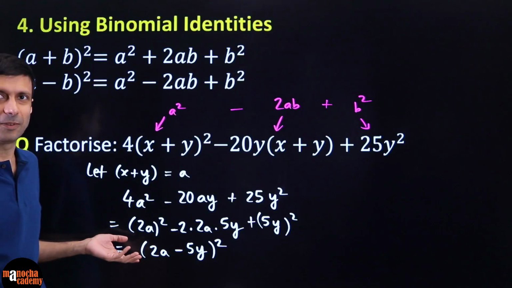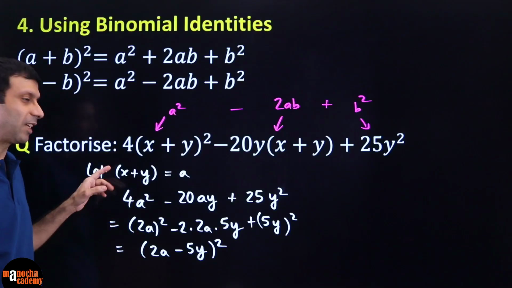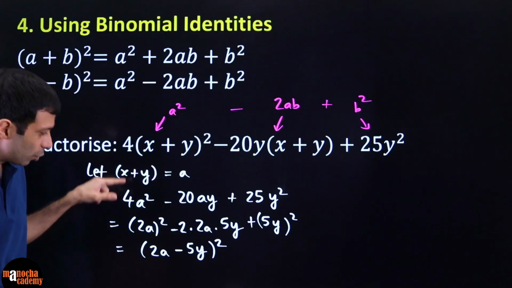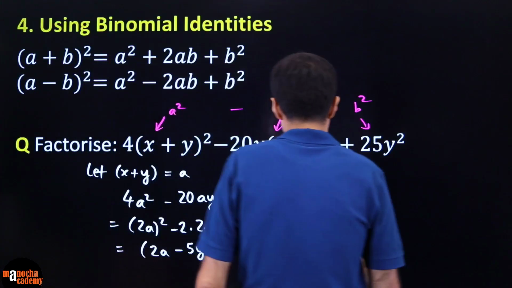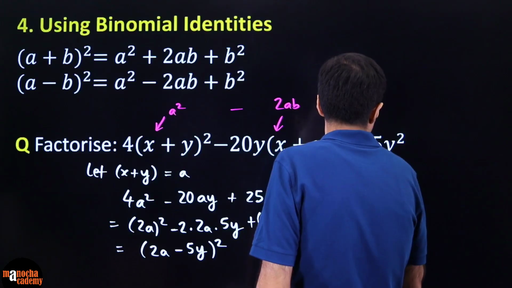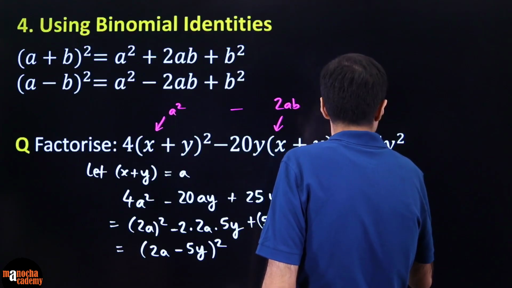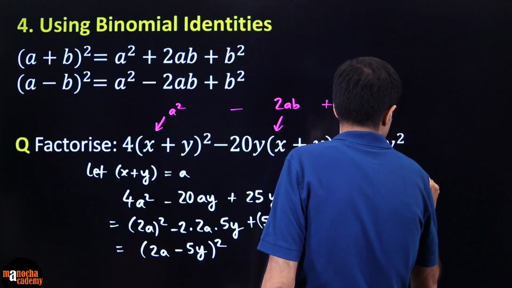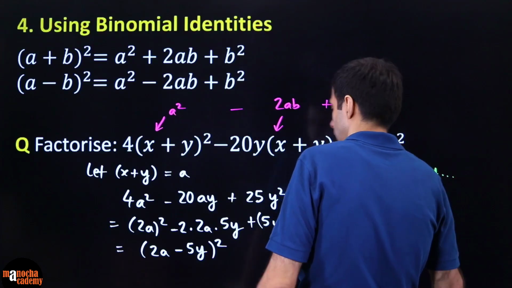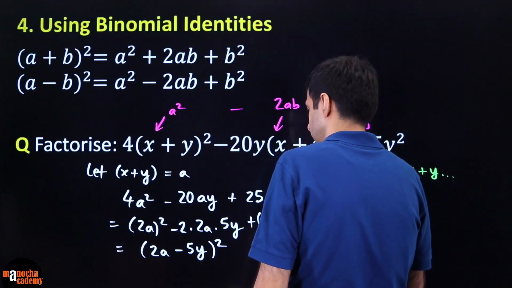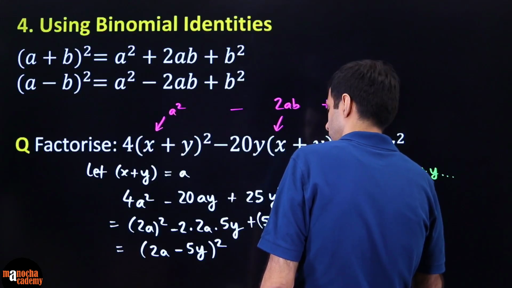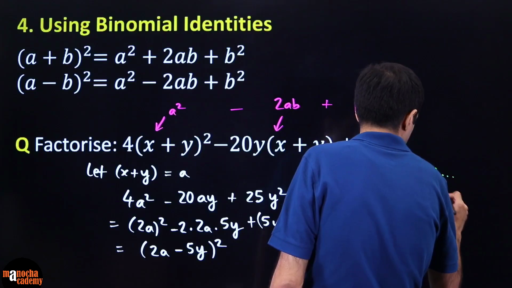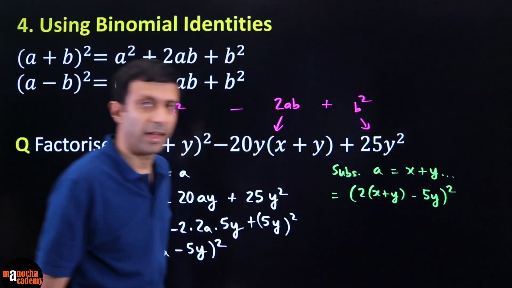So should I end the answer here? But remember, we made the assumption, let x plus y equal to a. So you need to go back and substitute that here. So what will we finally get? Substituting a as x plus y, we are finally getting 2 times (x plus y) minus 5y whole square.